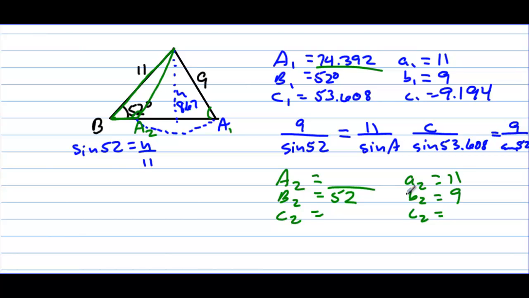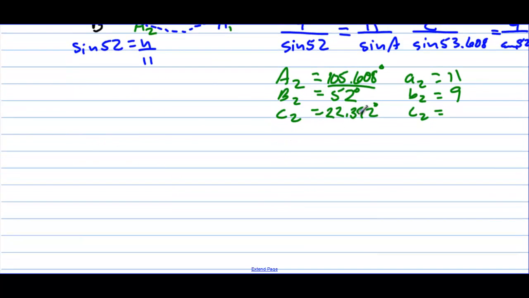Now this A up here and this A are supplements of each other. So I'll take 180 minus 74.392. And we get 105.608. Now if I add 52 to that, subtract it from 180, I get 22.392 degrees. So there's all the angles, and now I'll have to use law of sines one time with a rounded answer.